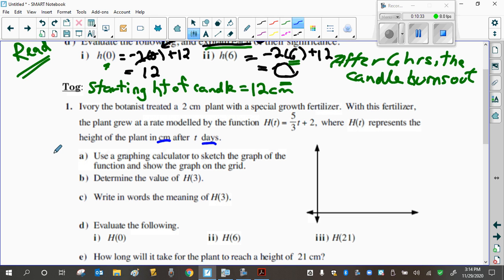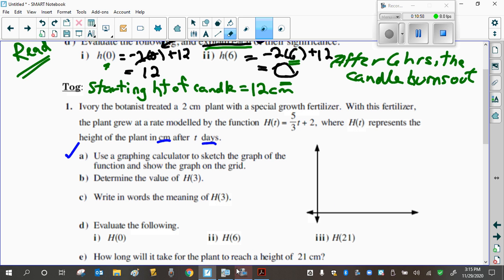And I'm going to do this with you here. So get your calculator out. Remember we talked about quadrants? We're going to stay in quadrant 1. That's the only quadrant we can be in, because you can't have negative time or negative height. So it has to be 0 or positive.